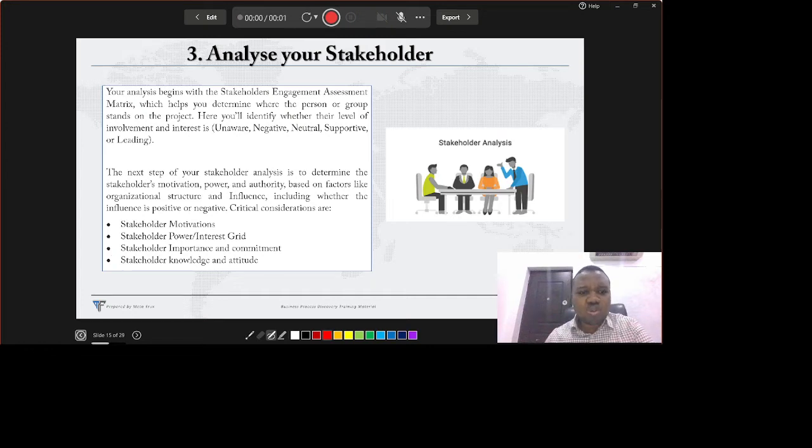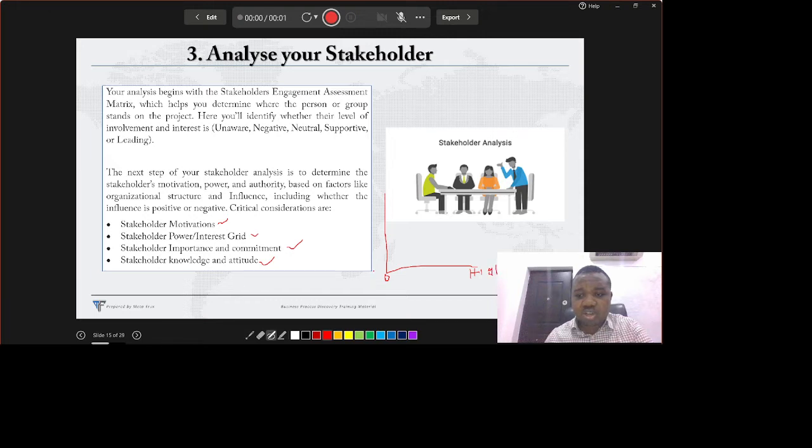So we'll be analyzing stakeholders' motivation, stakeholders' power and interest grid, stakeholders' importance and commitment, stakeholders' knowledge and attitude using a gradient. So we'll be looking across from a starting point to a high point.